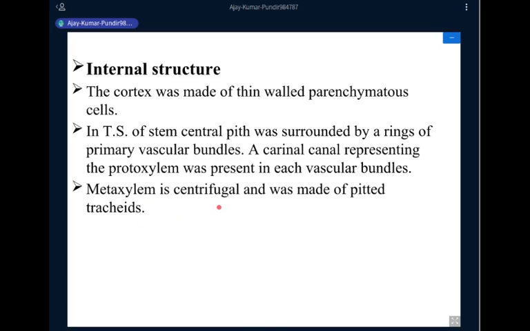So the conduction of water and minerals took place by these pitted tracheids. In the group of pteridophytes, the xylem is made of only one element, tracheids, which conduct water and minerals.